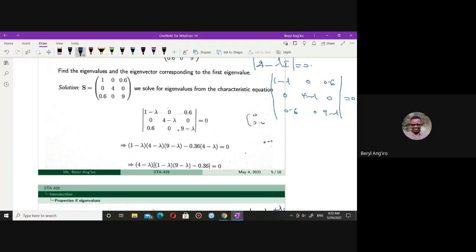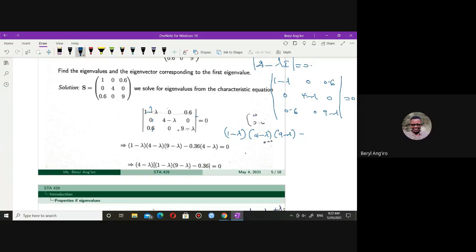We can expand along this row. So we have 1 minus lambda, and if you remove that row and column, you multiply by the determinant of this other matrix, that is 4 minus lambda times 9 minus lambda. Then we have 0, so we can ignore that, that will give a 0.